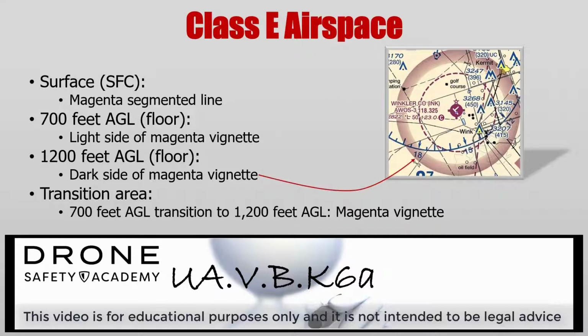The most common airspace is the Class E airspace, which starts at 1,200 feet AGL, and it is depicted by the dark side of the magenta vignette. These vignettes represent the transition areas for transitioning aircraft. In this one, we have 700 feet AGL transitioning to 1,200 feet AGL, the magenta vignette.